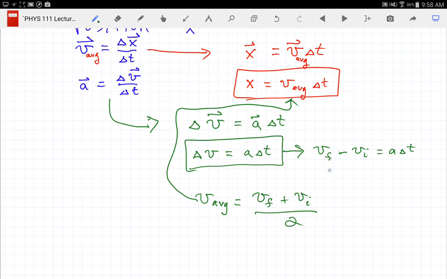And if I take this equation and solve it for V final, V final is V initial plus acceleration times delta t. Right, that's taking the V initial and just adding it to both sides. And now I'm going to substitute that. Too many arrows. Actually, that's fine. I'm just going to change color.